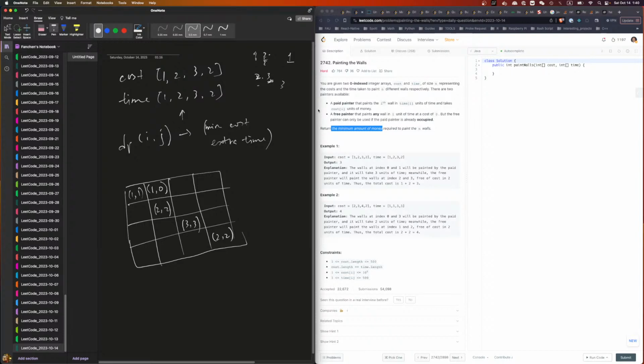But what if the highest cost also has a giant time, right? Then you can paint everybody else. Yeah, I can't even figure this out.